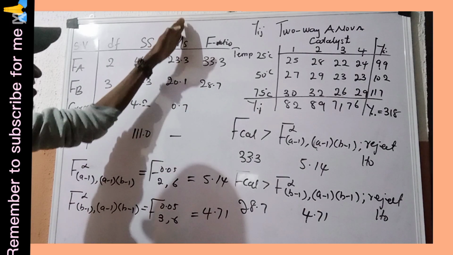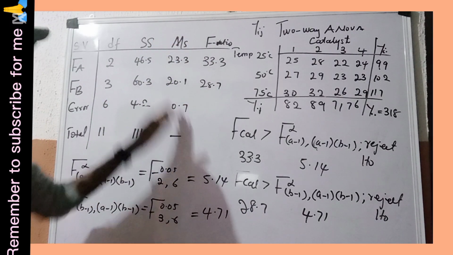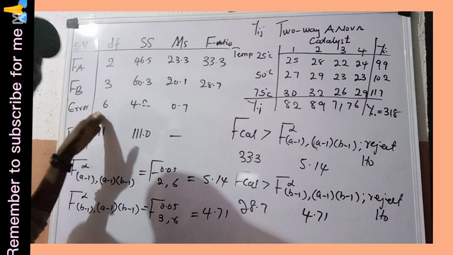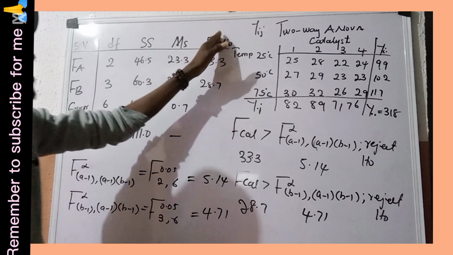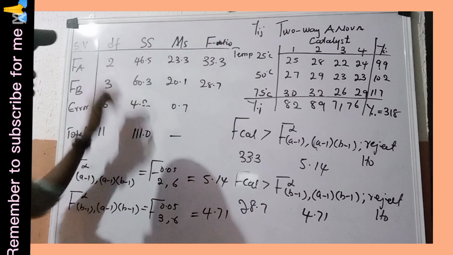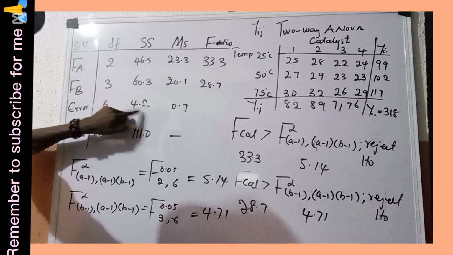Because for us to obtain the mean squares, it is sum of squares all over the respective degrees of what? Of freedom. For us to get the F ratio, it is our mean squares all over what? Mean square of errors.